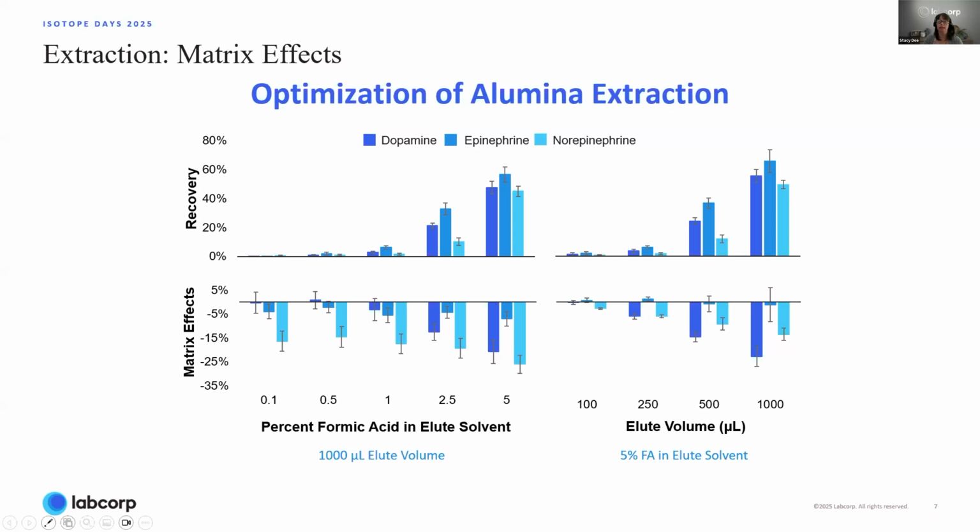Now, this really was a balance of matrix effects, recovery, and evaporation time. So it wasn't just one consideration. Just because the 1000 gave better recovery, it also gave a little more matrix effects. So we had to take that into consideration.